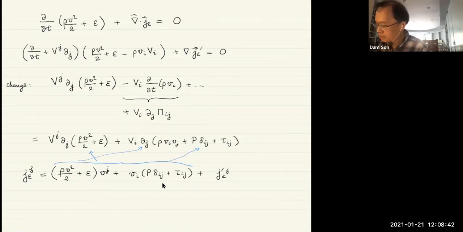Okay, so if one separates these terms out, the requirement of Galilean invariance now becomes simply that this j prime has to be Galilean invariant. It's unchanged under Galilean boost. Unchanged means that only the coordinates change, but there is no addition to that tensor.